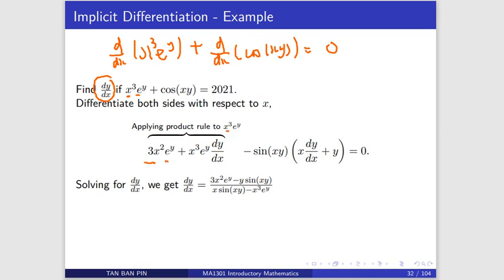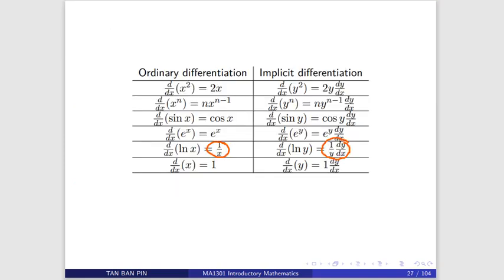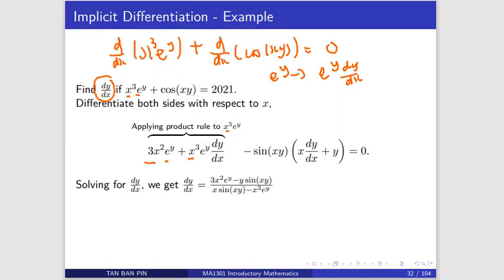If you keep x cubed, differentiating e^y gives you e^y dy/dx. Differentiating e power x is e power x. Differentiating e power y is e power y dy/dx. So it's x cubed e^y dy/dx.